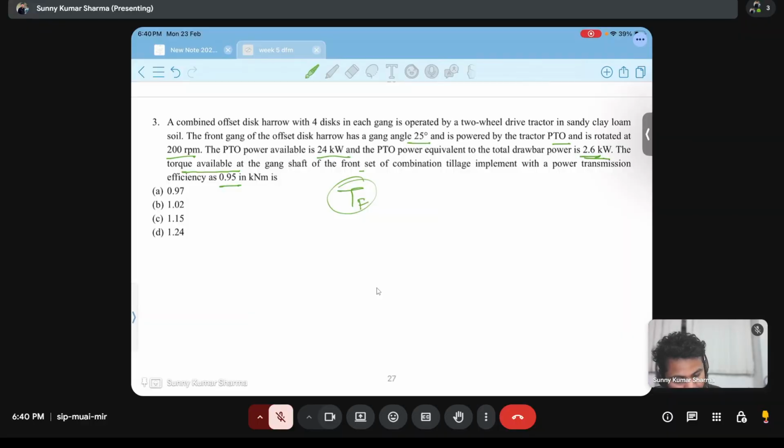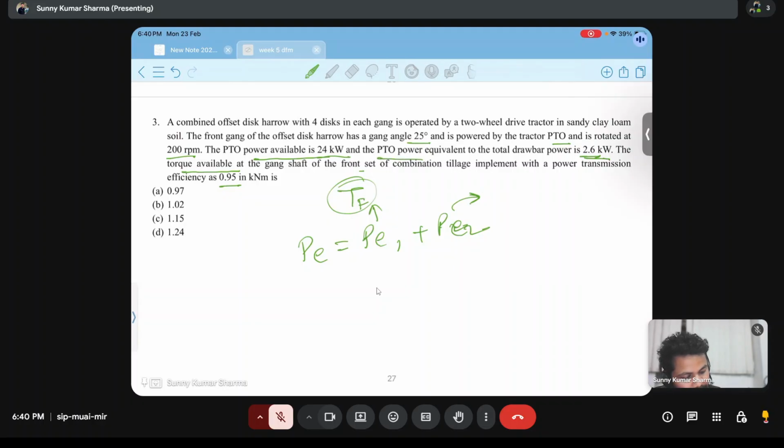So PTO power available is 24 kilowatt. That is PE, which is given. Total PTO power is given 24 kilowatt. P is the sum of PE1 plus PE2. PE1 is the power required for rotating the disc harrow and PE2 is the draft power plus the power required to overcome the rolling resistance.